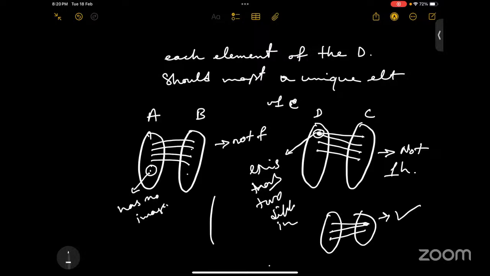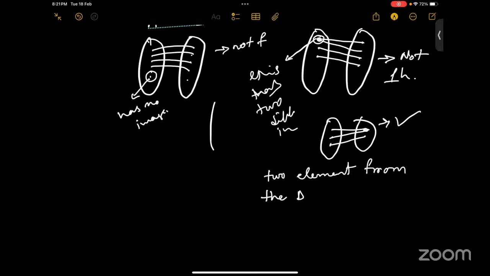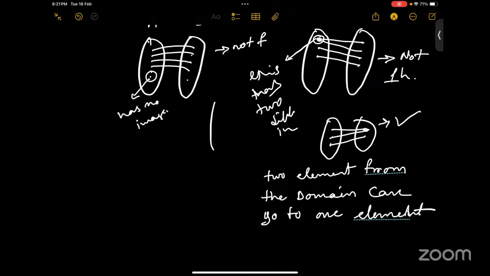How? Because two elements can go to one element, but one element can't go to two different elements. Okay. Please repeat it again. Two elements from the domain can go to one element in the codomain.